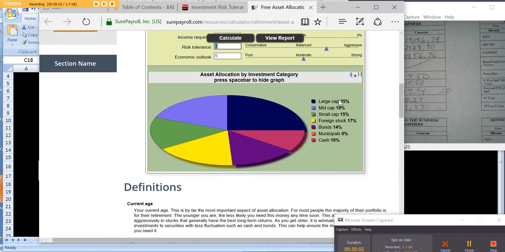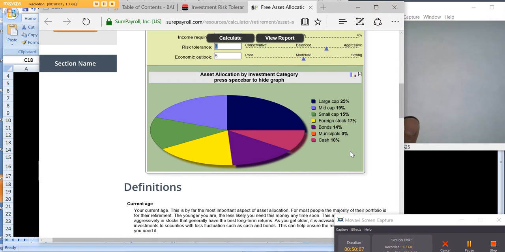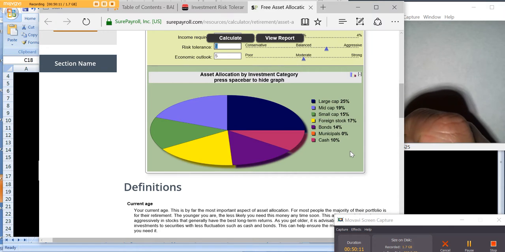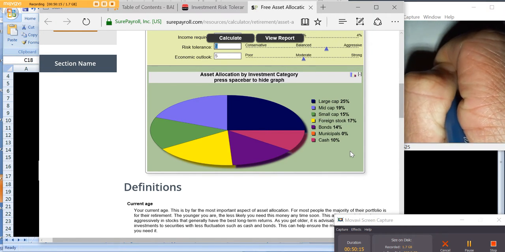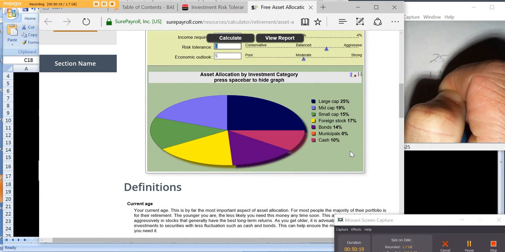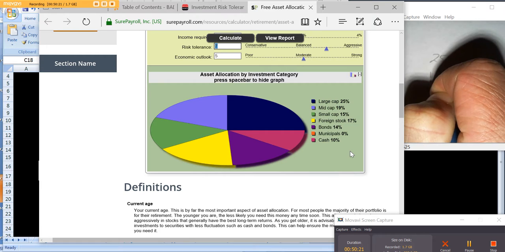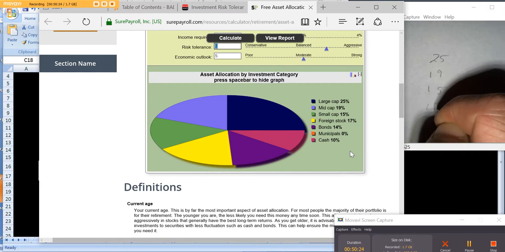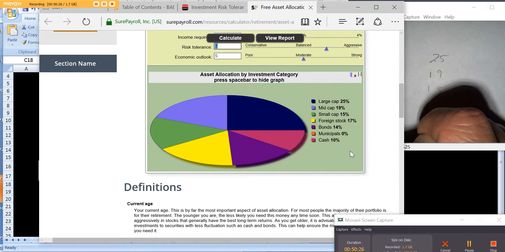We're going to enter all these percentages into that Excel spreadsheet. I'm going to write these down so I can just transfer them. Once you have this information, take a moment, pause the video, and enter them into the Excel spreadsheet.